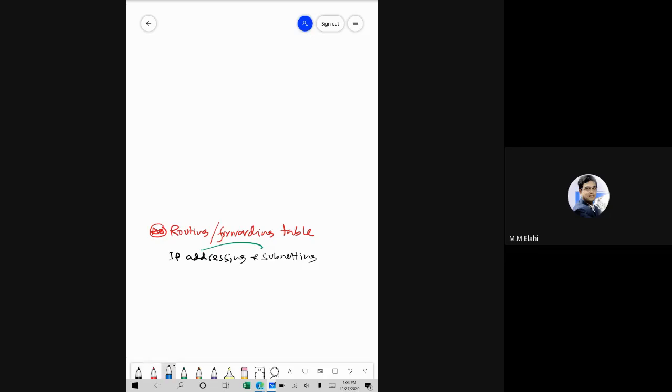First of all, we are working with IP version 4. In IP version 4, every IP address is 32 bits.